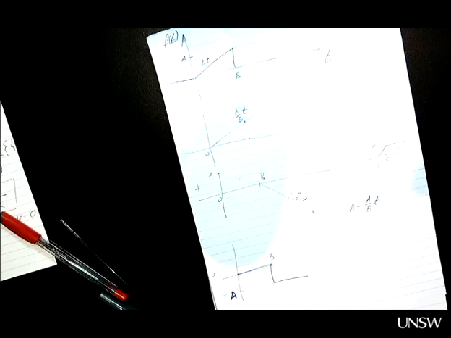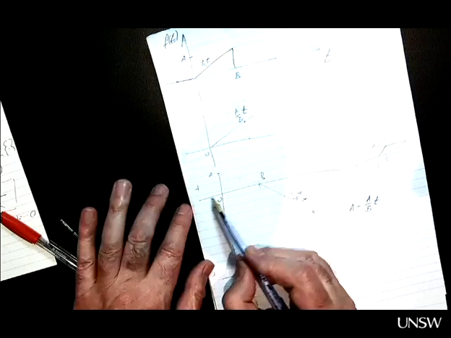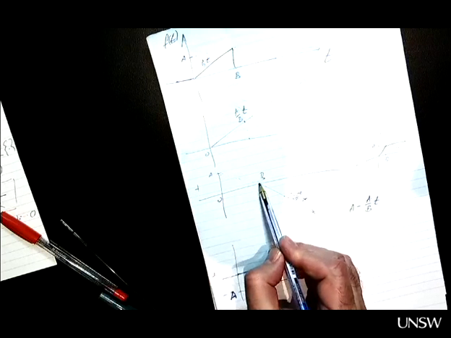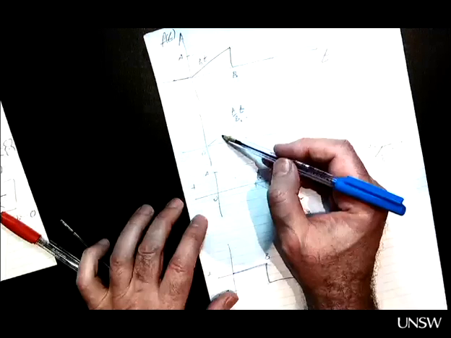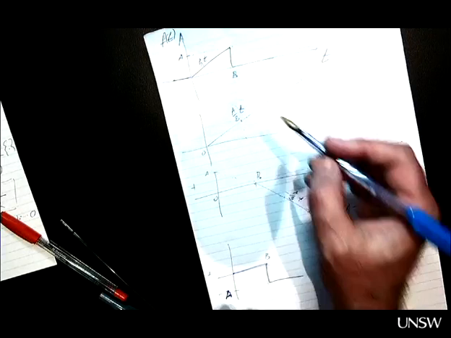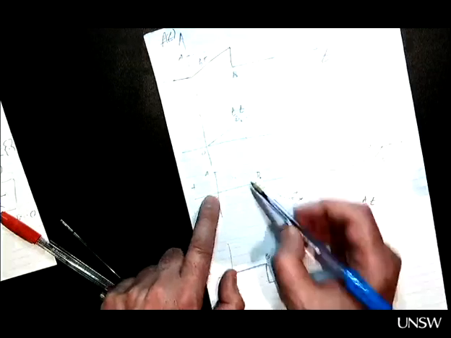However, I don't want this function to exist before time reaches B. Otherwise, if it does, that will simply cancel with the function that is already there. Between 0 and B, I want only this to exist. I want 0 here, I want 0 here.